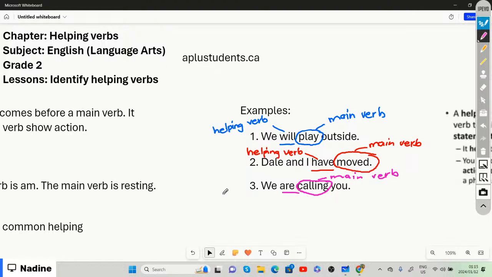And the word are is our helping verb, which helps the main verb, which is calling, to show action.